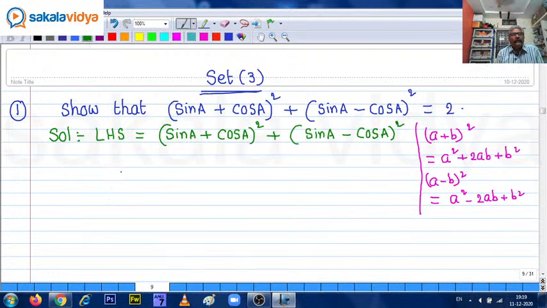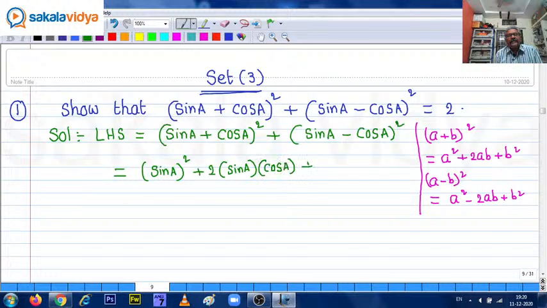Now the sin A plus cos A whole square is in the form of A plus B whole square. So we can write sin A whole square, A square, plus 2AB, 2 times sin A and cos A, plus cos A whole square, and plus we have sin A minus cos A whole square we need to write.